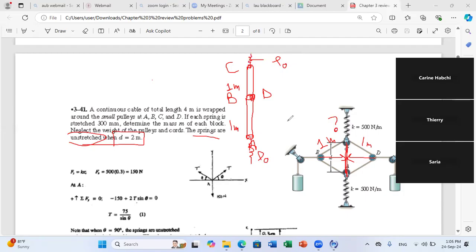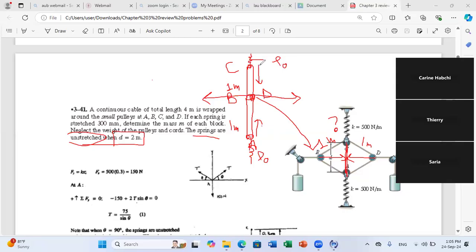Now, what will happen when we go from this position to this one? B and D will go one to the right, one to the left, while C will move down and A will move up. They said that between the two positions, the stretching is 300 millimeters.